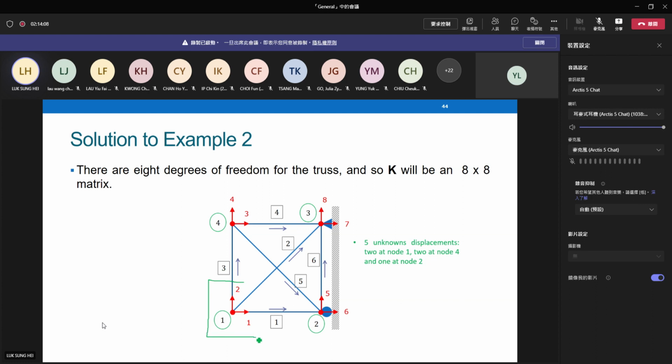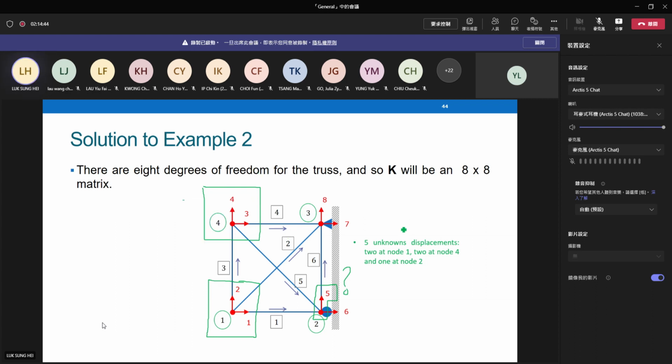I use number 1, number 2 for node 1, number 3, number 4 at node 4. They are question marks, right? And then I use number 5 for the vertical degree of freedom at node 2. Because the vertical direction of the roller support becomes a question mark in this example. Be careful about this degree of freedom 5. 1, 2, 3, 4, 5 are used to denote the positions with question marks. They are representing the unknown displacements.